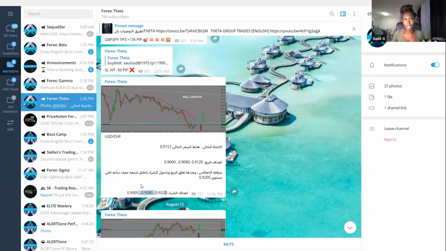So in this case, USD CHF, guys, the pip is going to be 1, 2, 3, 4 decimal places.